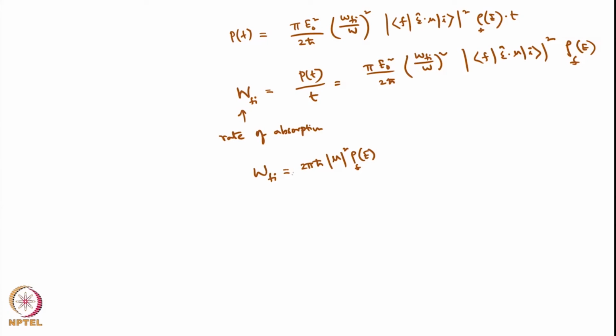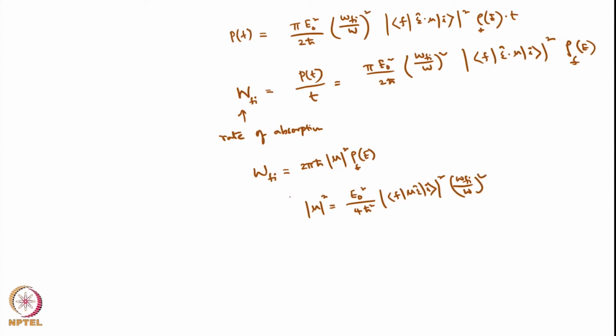Where, looking at this equation, modulus of mu square is equal to E naught square by 4 h bar square, f epsilon dot mu I square, omega Fi by omega square.